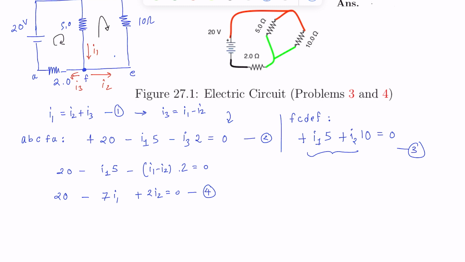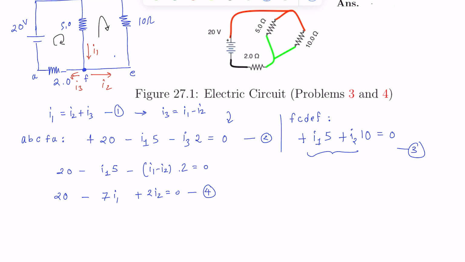Equation 3, FCDEF, you start at F, the first resistor you see is 5 ohms, you're traveling in the opposite direction of the current, so you write it as plus I1 times 5, and then again the 10 ohm resistor has current I2 in the opposite direction of the travel, so you write it as plus I2 times 10. From equation 1 you get I3 equals I1 minus I2.